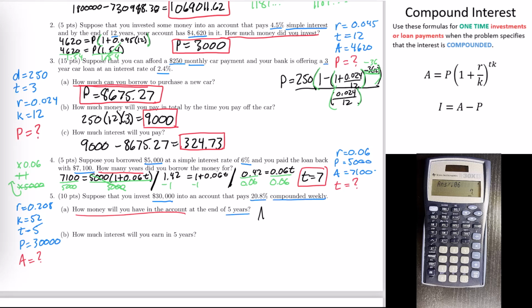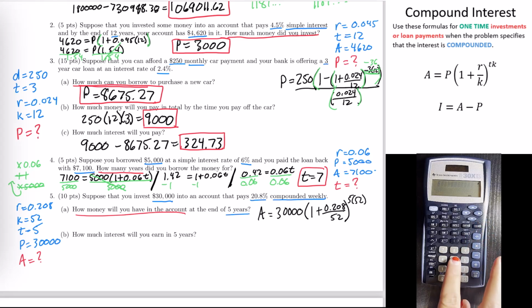If we plug our numbers in, we get A equals P, which is $30,000, times, in parentheses, 1 plus the interest rate of 0.208 over 52, because that's what k is, raised to an exponent of 5 times 52. To simplify this, I'm going to first figure out what 5 times 52 is. It looks like that's 260. So my exponent is equal to 260.